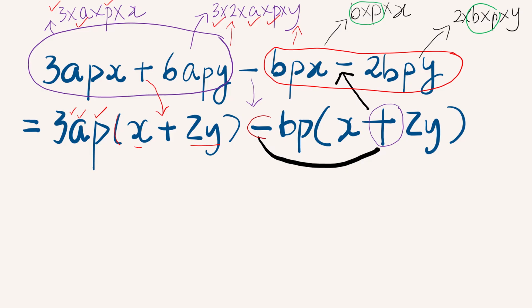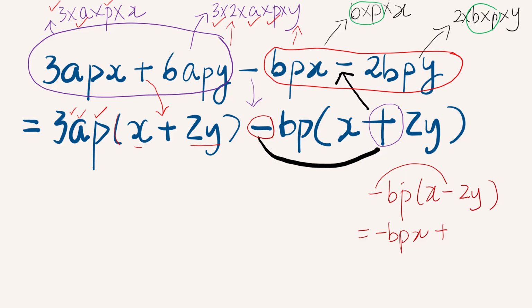Okay, since I factorize a negative out from the bracket, if I were to continue writing a positive here, then you will see that I would end up getting negative BPX. Negative with negative will give me a positive 2BPY, which contradicts what I'm given in the original question.